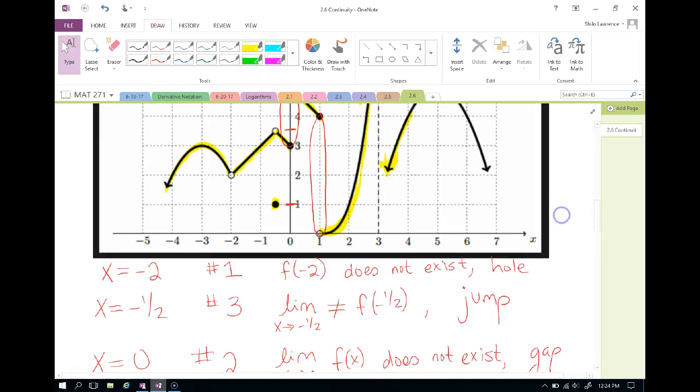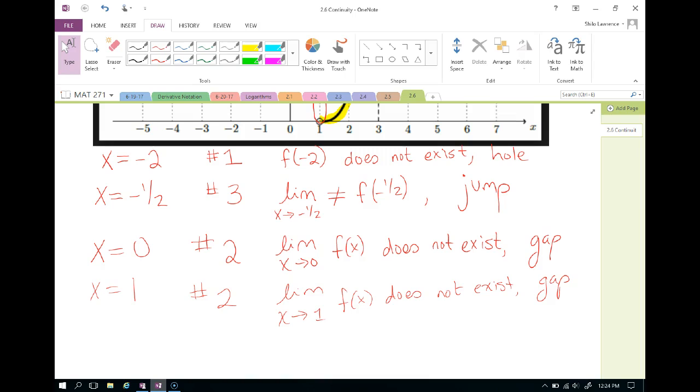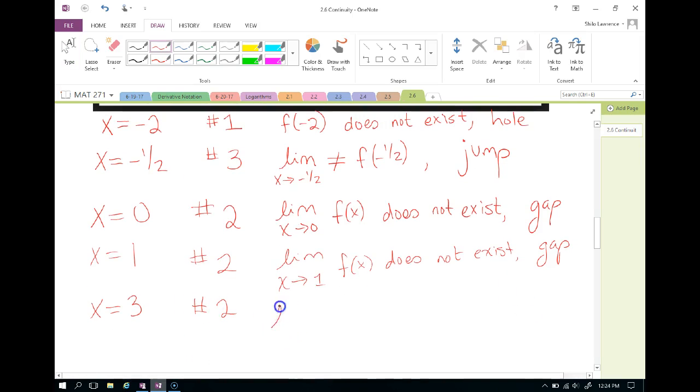Anytime the graph is going off to positive or negative infinity, technically the limit does not exist. So at x equals 3, another number 2 criteria is not being met. The limit as x approaches 3 for f of x does not exist. It's a gap. Technically, it's a vertical asymptote.